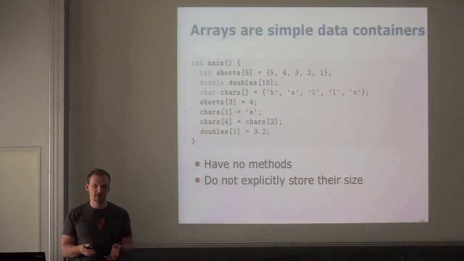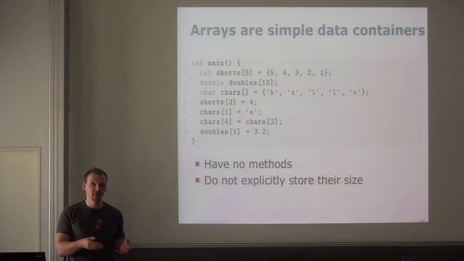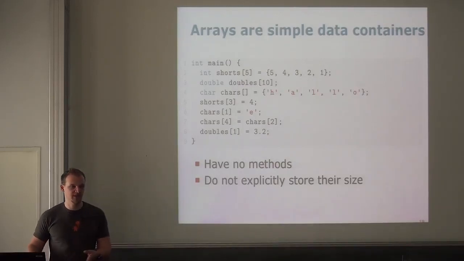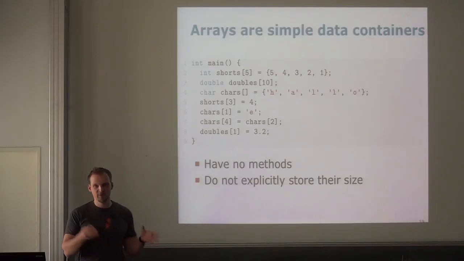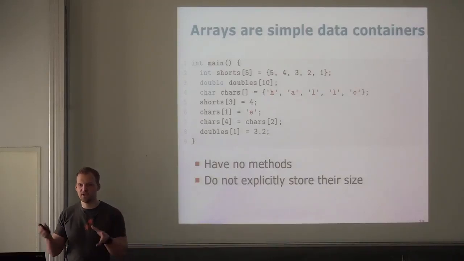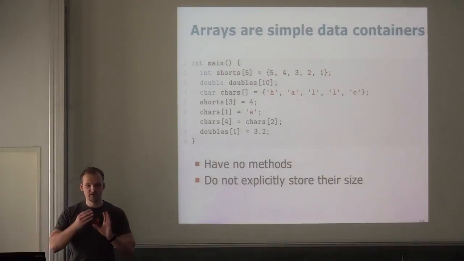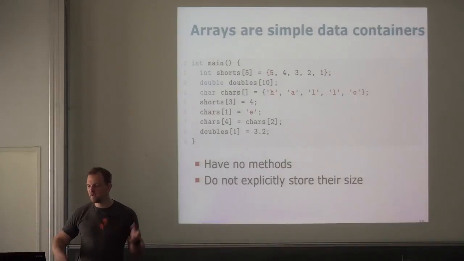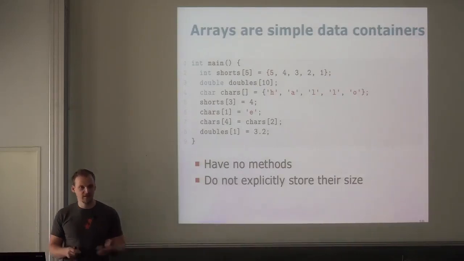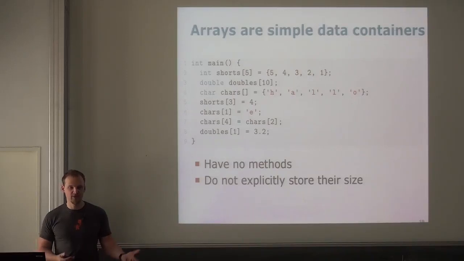This is not a class. Like it is. Yeah. So they were there before classes arrived in C++. They were in C. There were no classes. It was just an array that puts things together into one continuous chunk of memory. They have no methods. They have no size. They don't store their size.